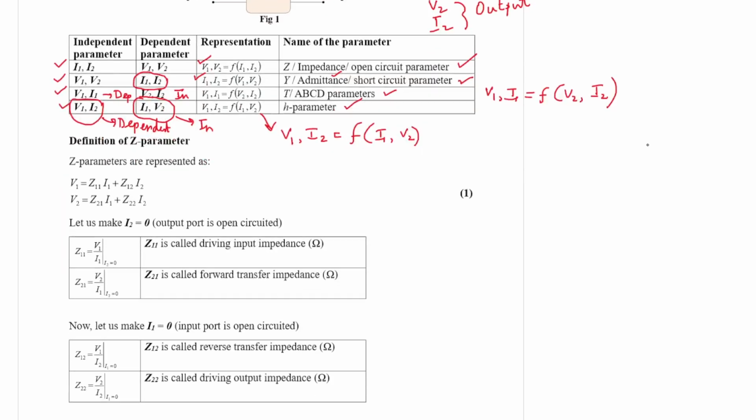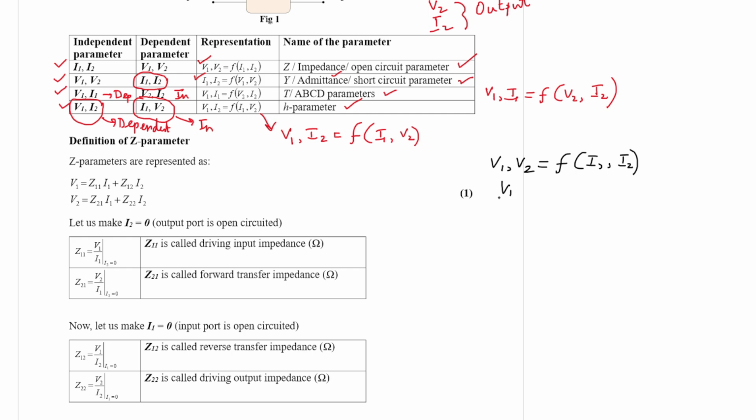Let us take the definition of Z parameter. As already mentioned, V1 and V2, that is the input voltage and output voltage, are a function of I1 and I2.